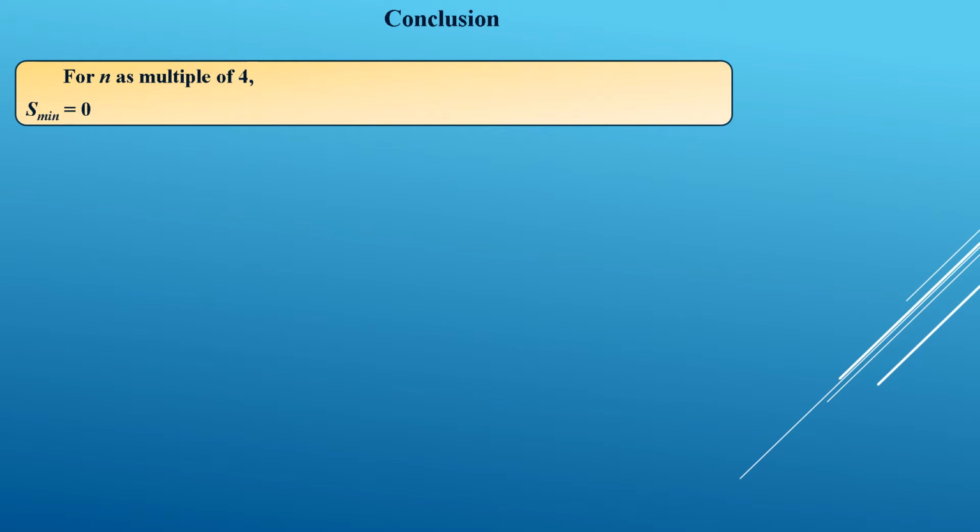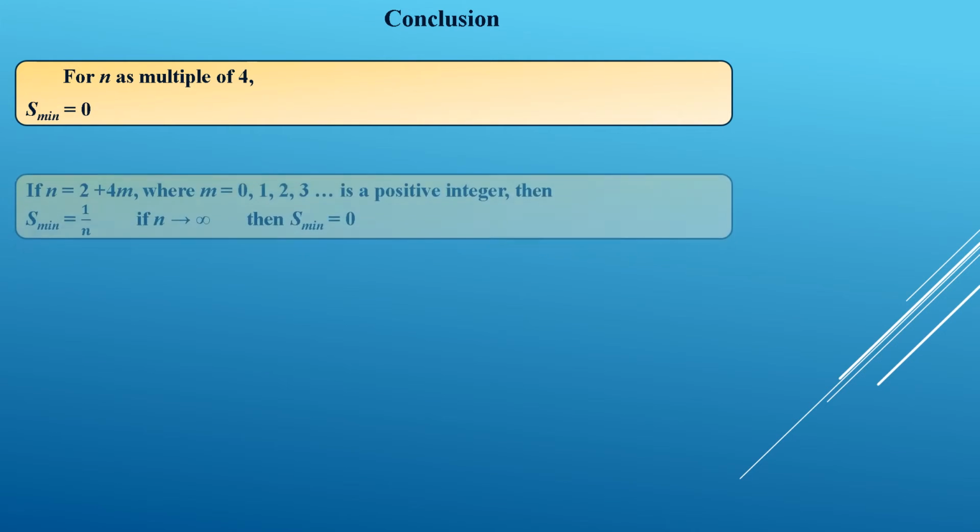Conclusion. Now if we apply this situation here, although do not forget that n in this case is approaching infinity, still if n is a multiple of 4, automatically this is the first solution in which S minimum is equal to 0.